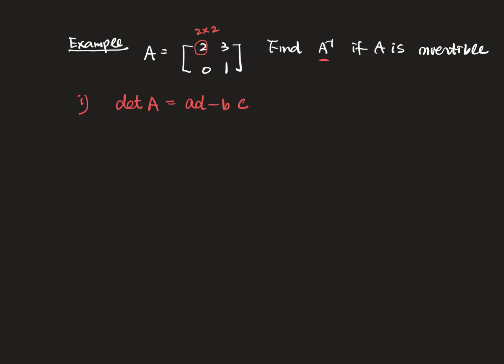Here is A, this is B, this is C, and this is D. So cross: 2 times 1 is 2, minus 3 times 0 is 0. That's 2. 2 is not 0, right? So A is invertible, which means A has an inverse matrix.